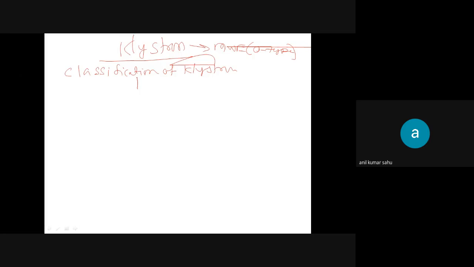How can you classify it? There are three different classifications. The first is the two cavity klystron.